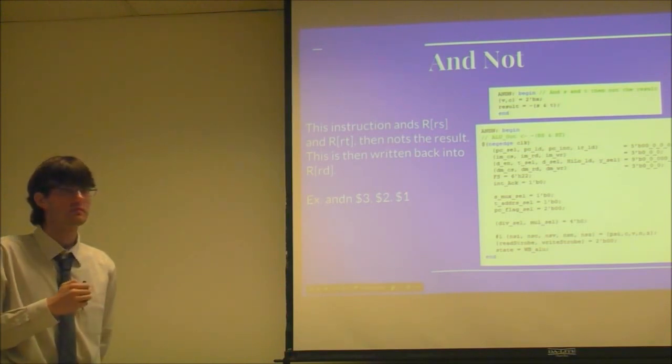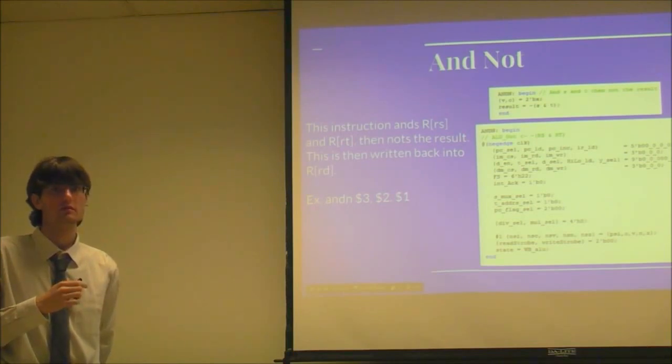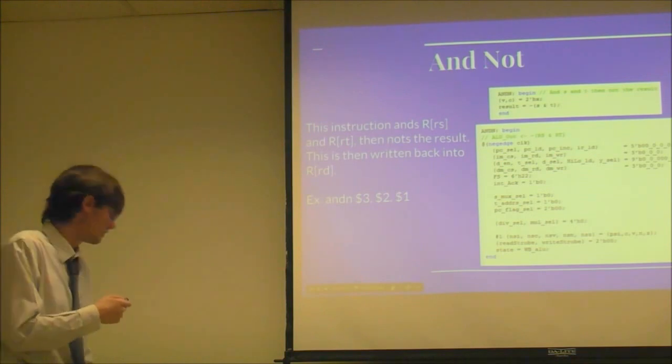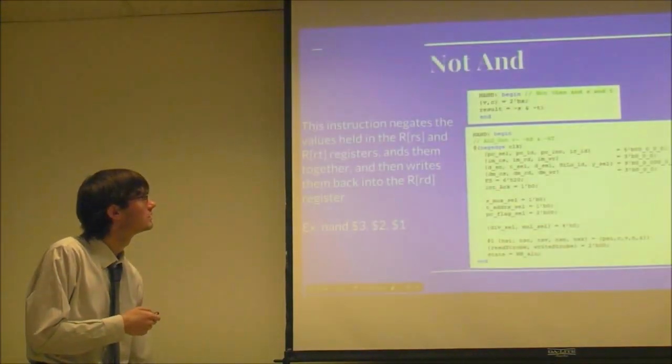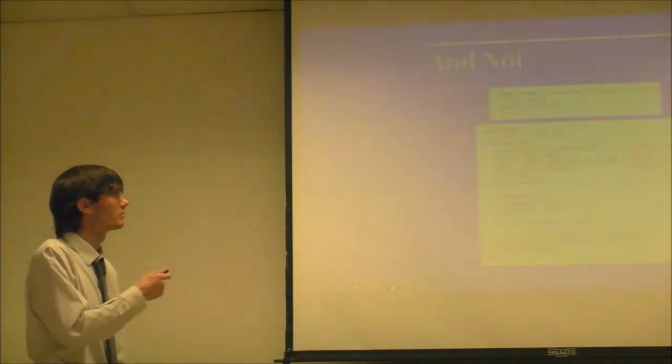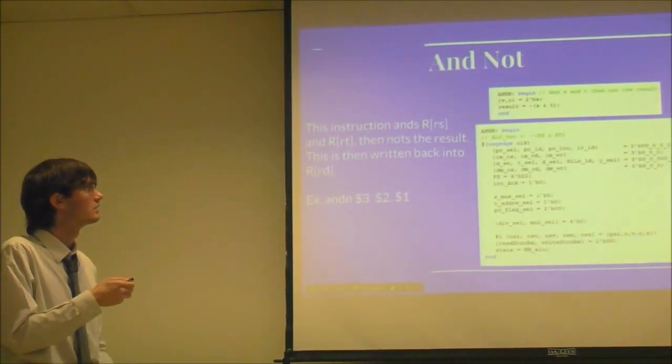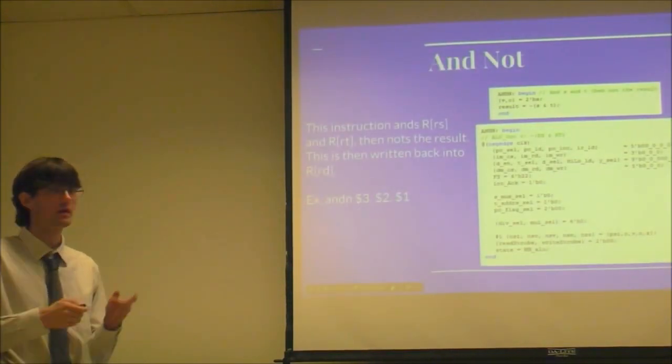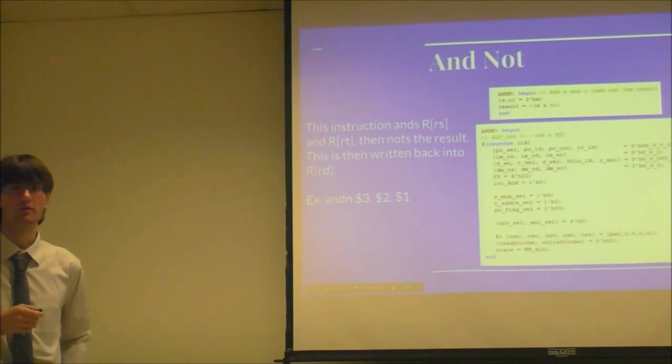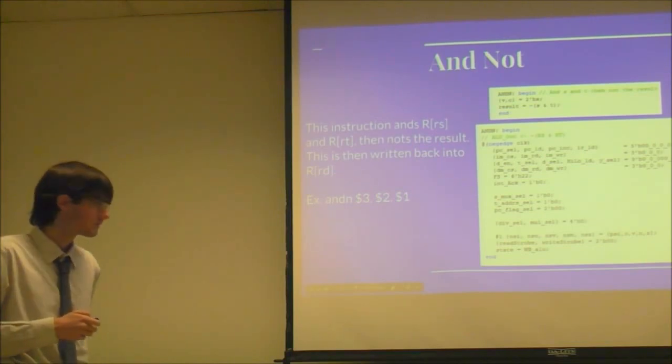And then the previous one, you NOT both of them and AND them together. Yes. The first one is a NOT AND, and then this one is an AND NOT. The AND operation is performed before the NOT operation. Right. Yeah.